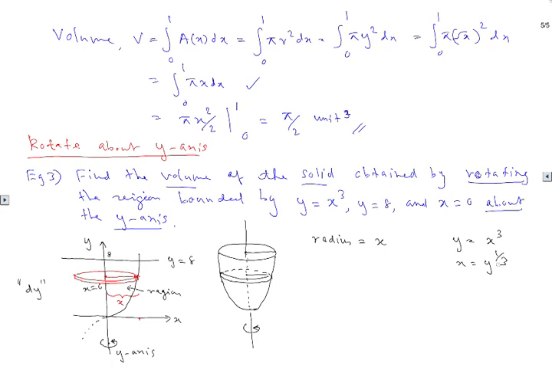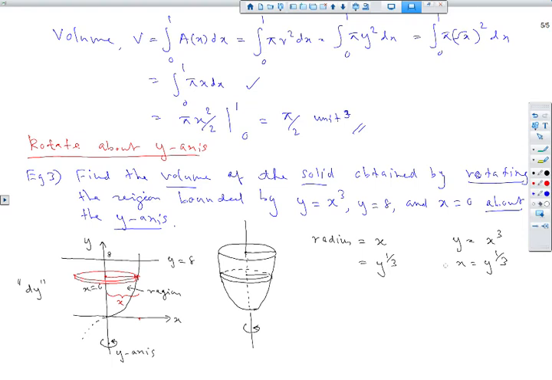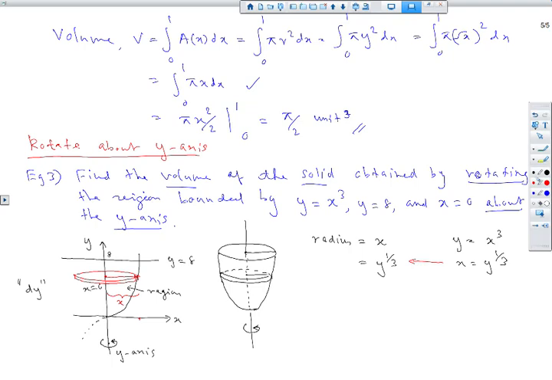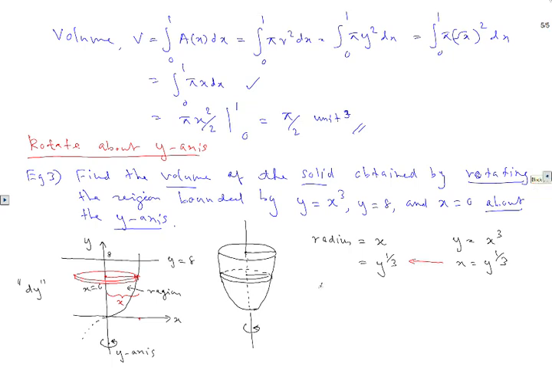Because it's a dy problem, you need to express everything in terms of y. So you replace x by y to the 1/3. You always have to do that. It has to be in terms of only one variable.